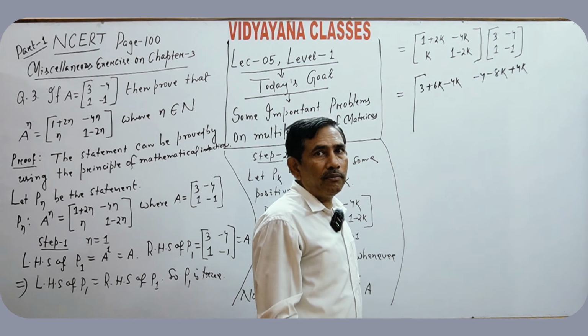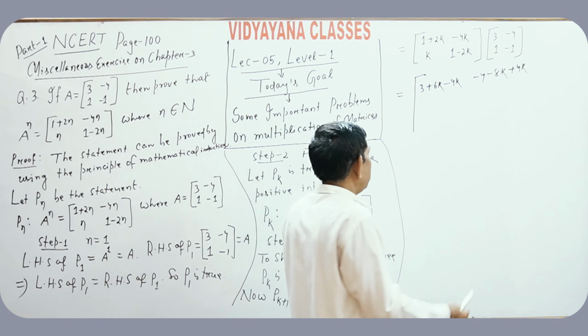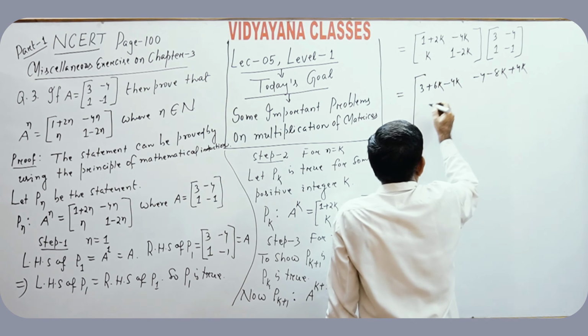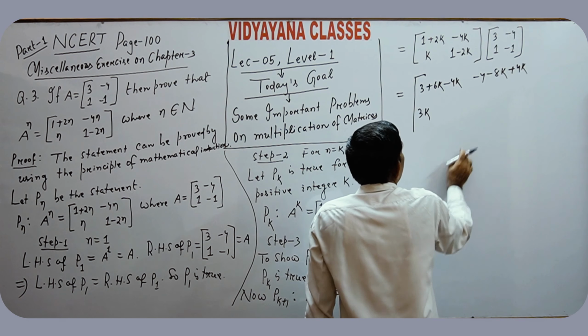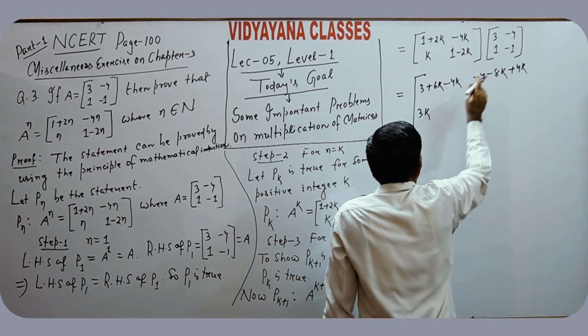Next, row 2. Go through row 2, come down in column 1 and column 2, multiply the corresponding elements and add them. K into 3, that is equal to 3k. 1 minus 2k into 1, that is 1 minus 2k.